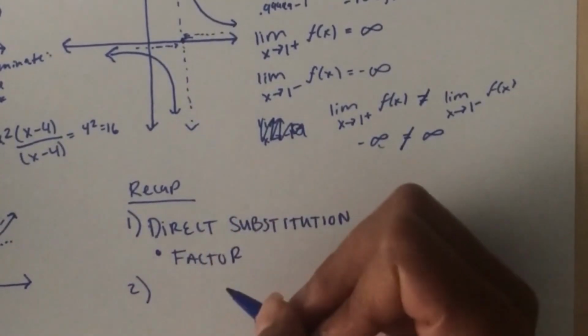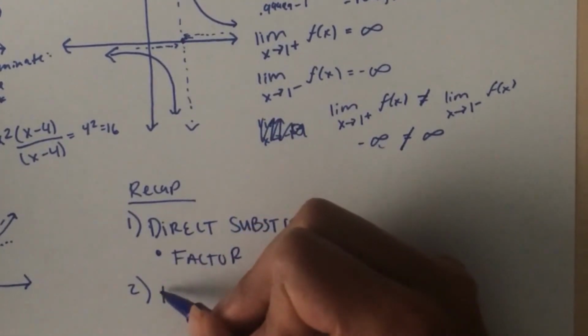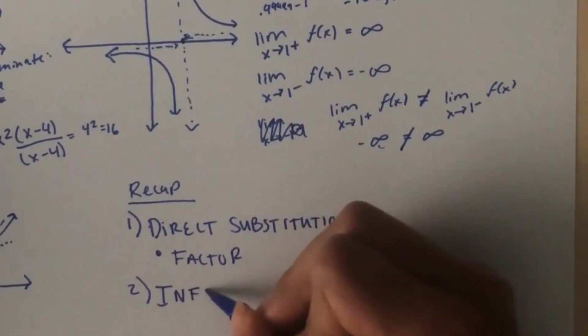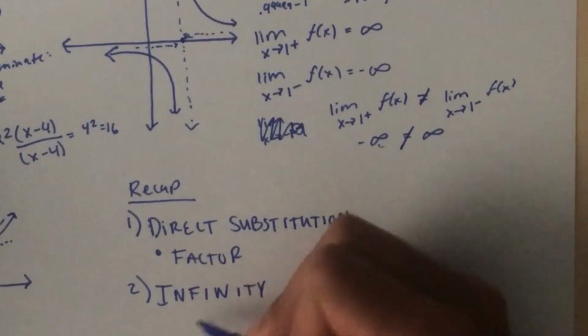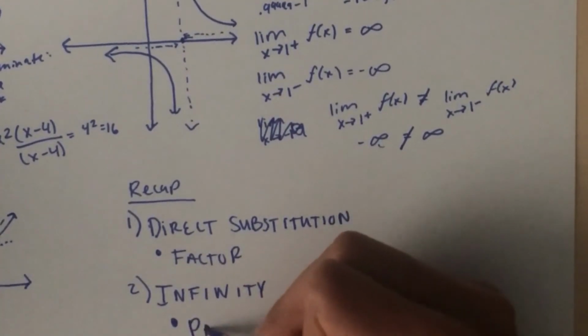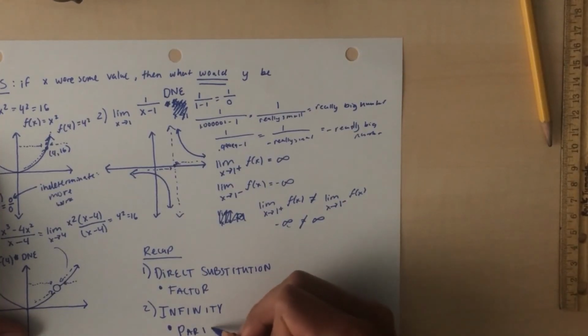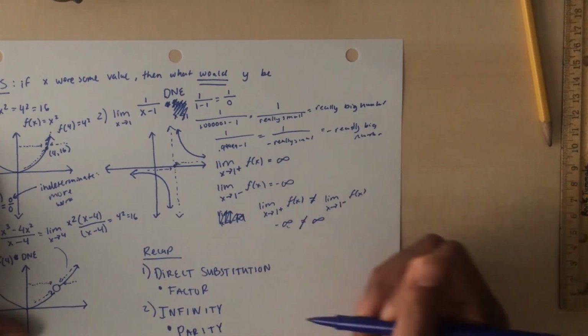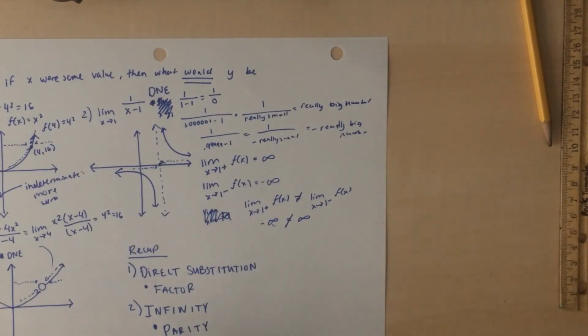And number 2, limits from both sides. I'm going to call that parity from both sides. That basically means that you need to be approaching the same thing from both sides for a limit to exist.